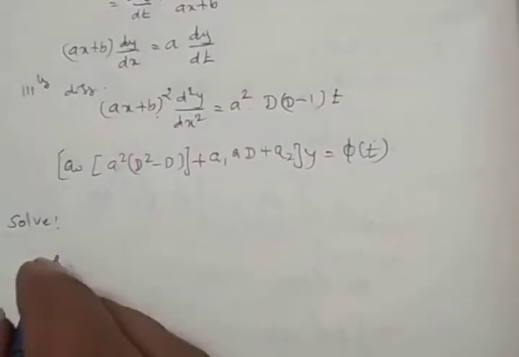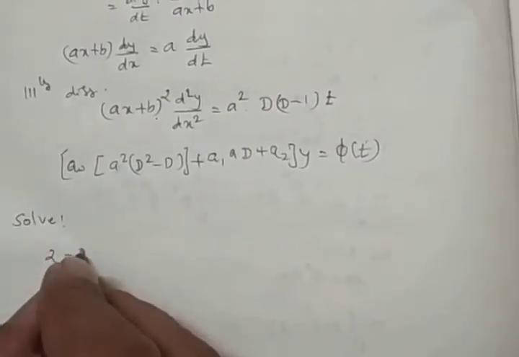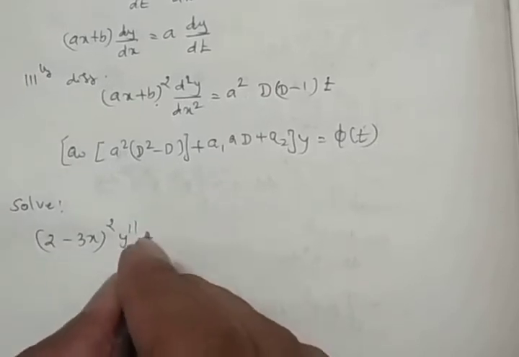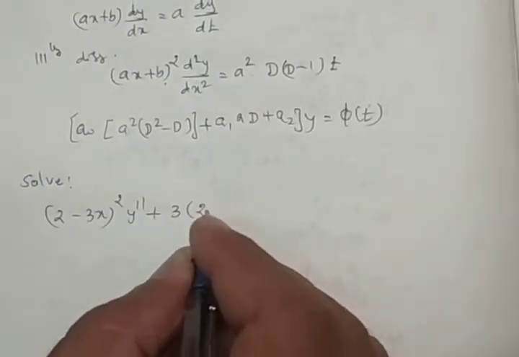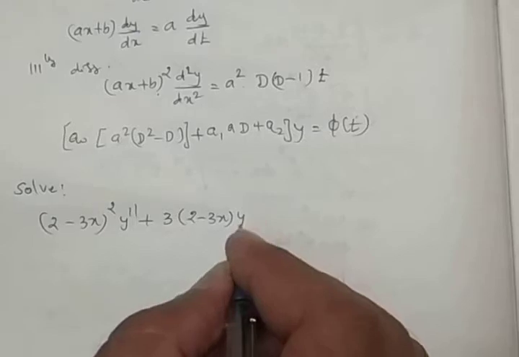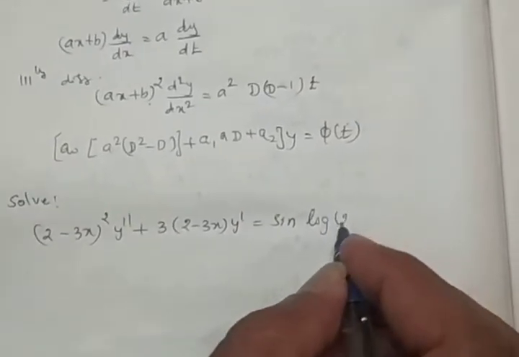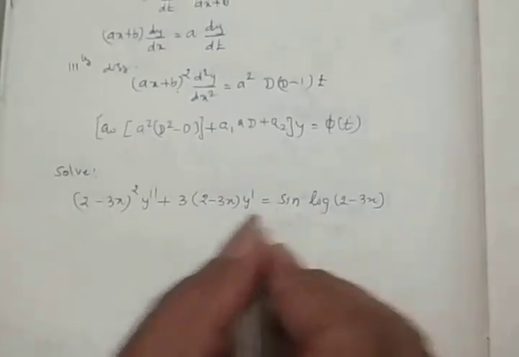Solve (2 - 3x)² y'' + 3(2 - 3x) y' = sin(log(2 - 3x)).